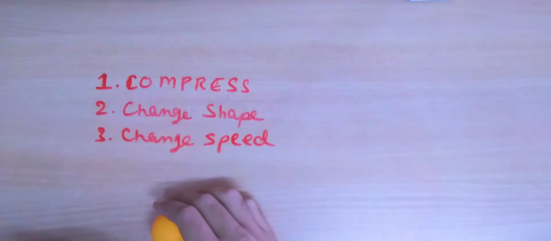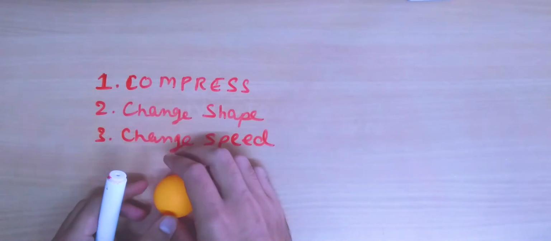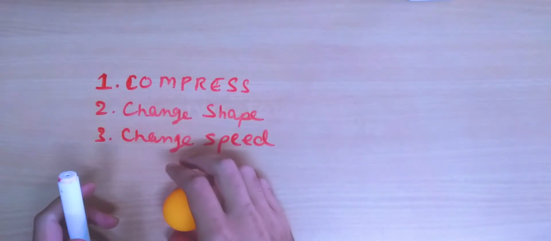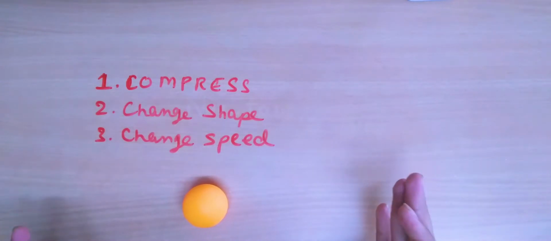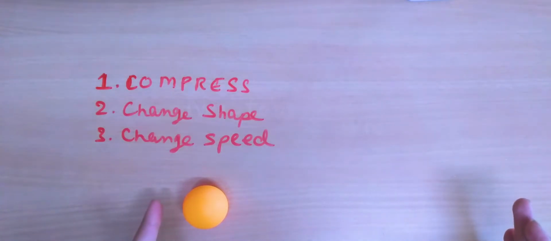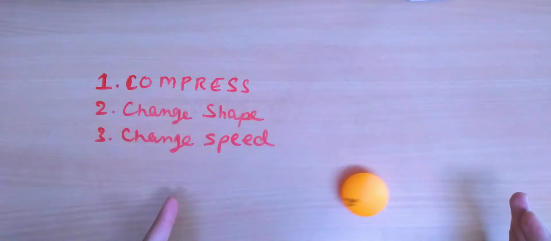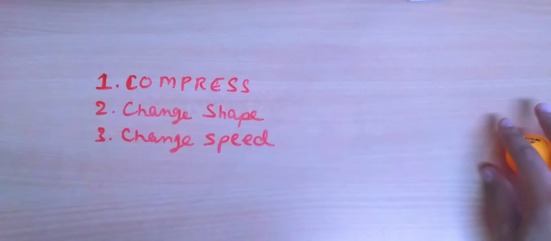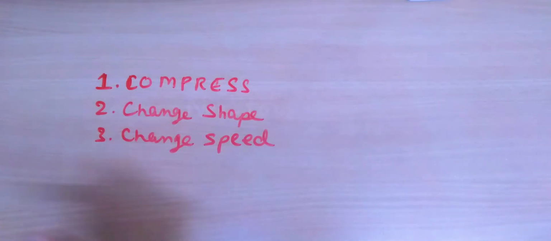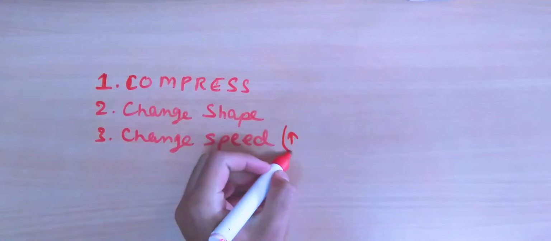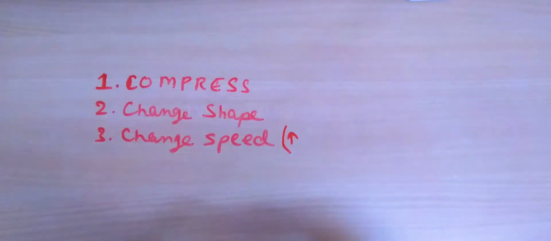Well, if I have a ball here, a table tennis ball, so right now it's stationary, see? Yeah, it's stationary, which means its speed is 0. Now if I give it a slight push from this side, its speed increases to some value, right? So by doing so, I have actually increased its speed. So I can increase its speed, or I can also decrease the speed by applying force.